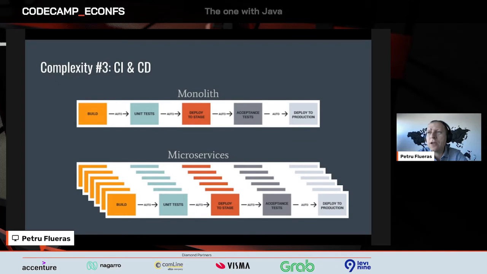Sometimes I call them deployment hell, if you wish, because we need a lot of people, we need a lot of tooling, we need a lot of understanding to deploy the microservices correctly. This is not an easy job. With a monolith, it's easier to maintain.